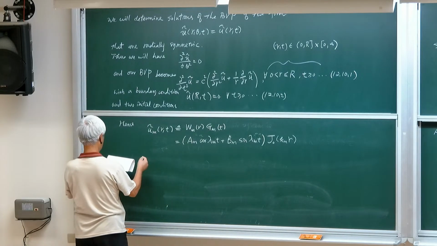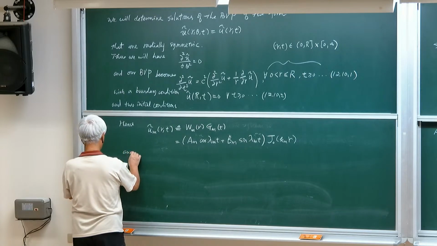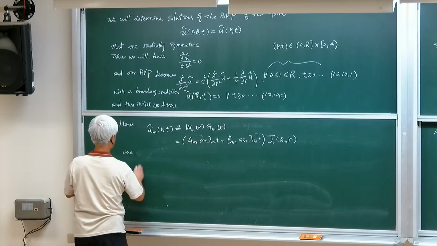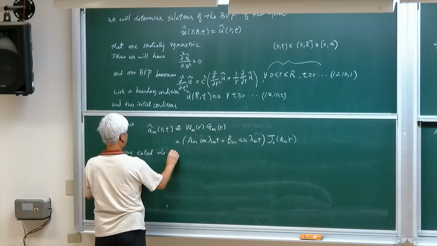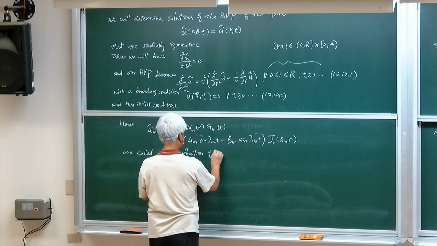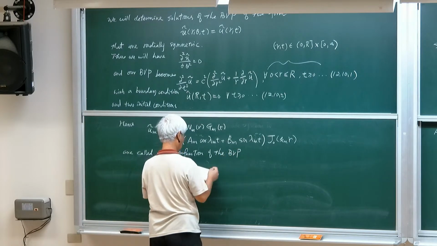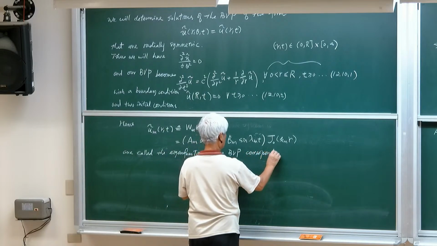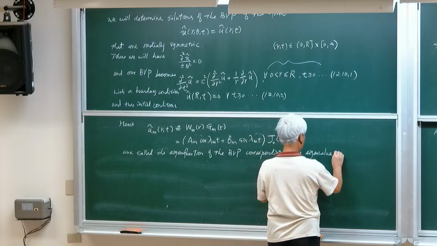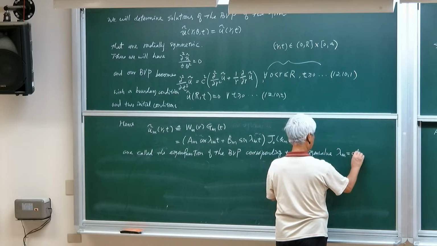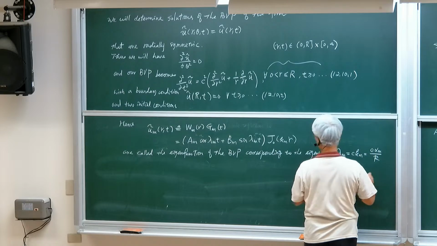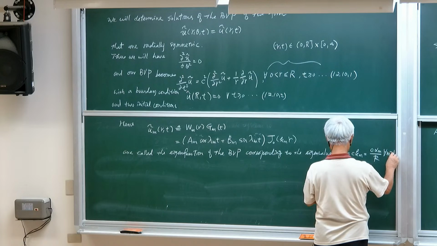So these are called the eigenfunctions of the boundary problem corresponding to the eigenvalue lambda sub m, which is c k sub m, which is c alpha m divided by R, for all m greater than or equal to 1.